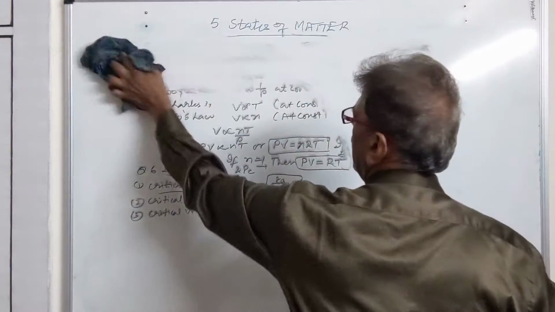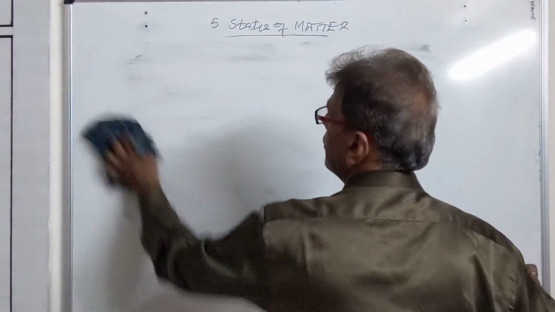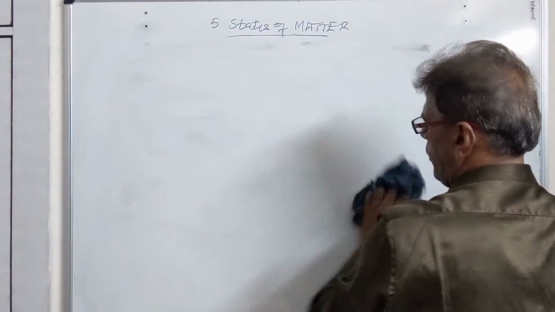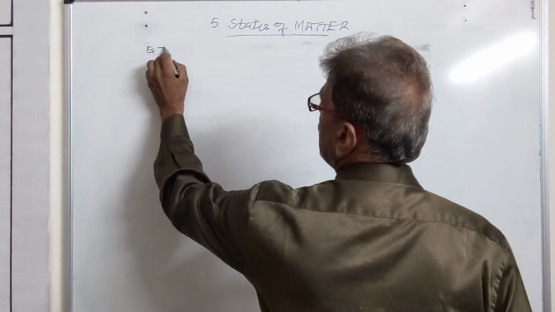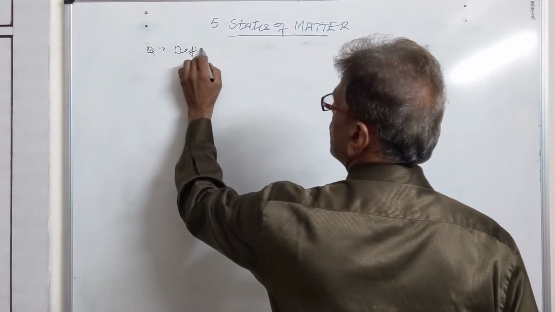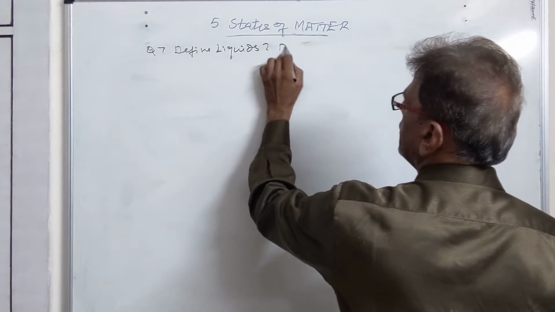Then we come to the next state of matter in this chapter, that is the liquid state of matter. Our next question will be define liquids and discuss their properties.